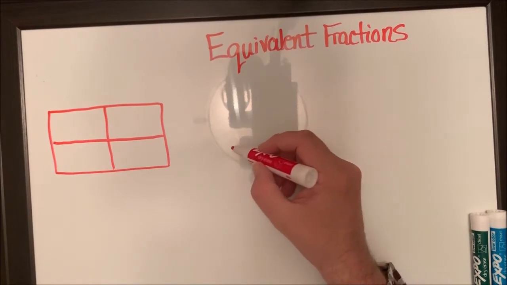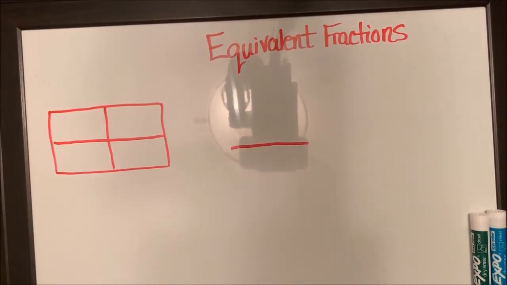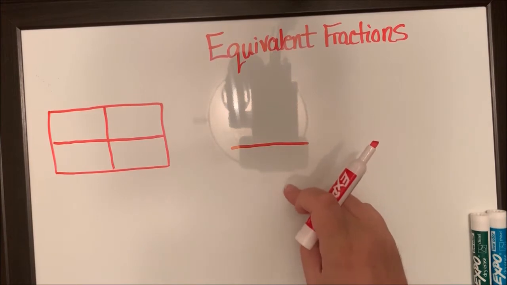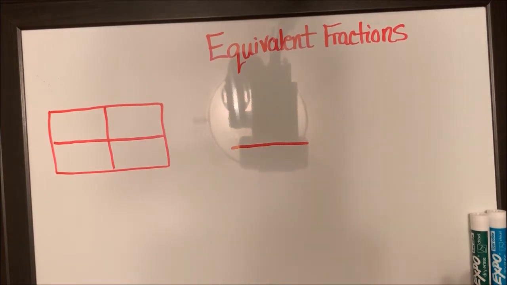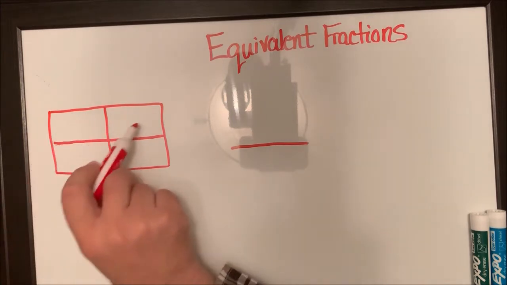And remember what I taught you in the other video, the review of grade 3, the bottom number, or the denominator, and you need to know that in grade 4, the denominator, or the bottom number, is the total number of equal parts or slices in my pizza. And the total number of equal slices is 4. I have 1, 2, 3, 4.